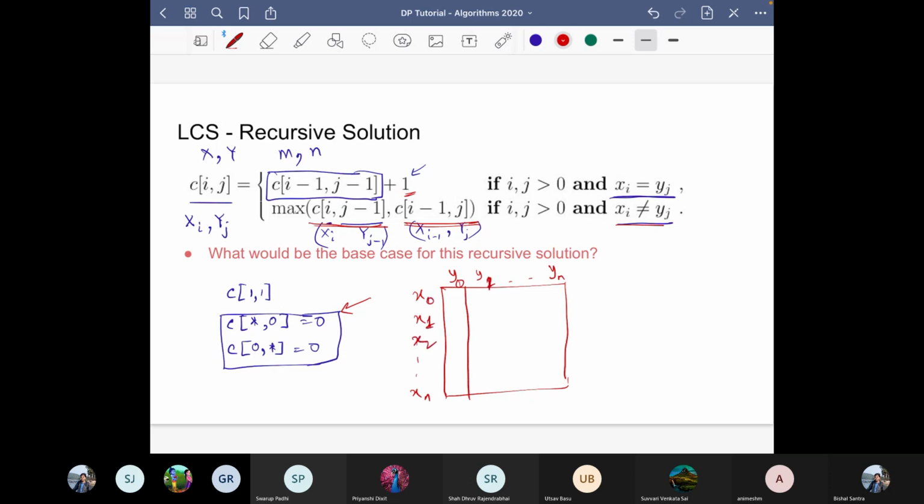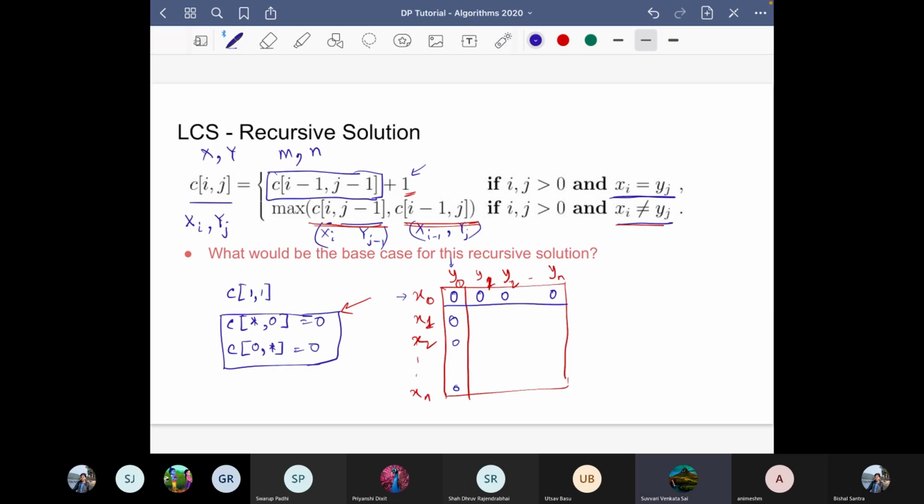So if your sequences are y0, y1, y2 up to yn, and x0, x1 up to xn, this x0 says you are not including anything from x, it's just an empty string, and y0 is an empty y string. So in both of these cases the answers will be 0, because in the first row your x string is empty, and in the first column your y sequence is empty, right? So you cannot have any LCS because one of the sequences is empty.